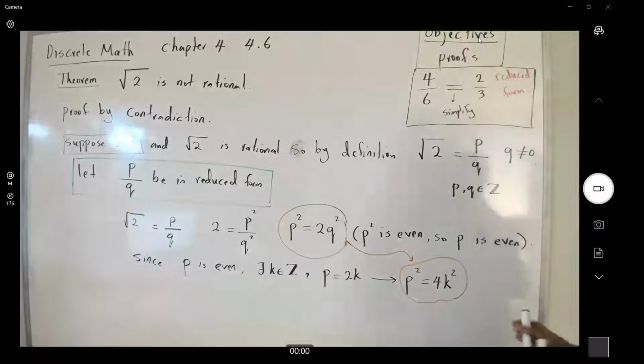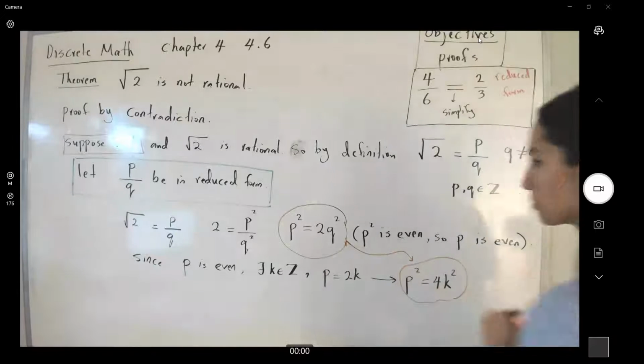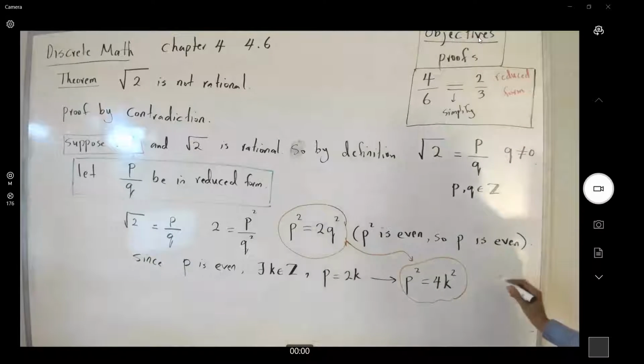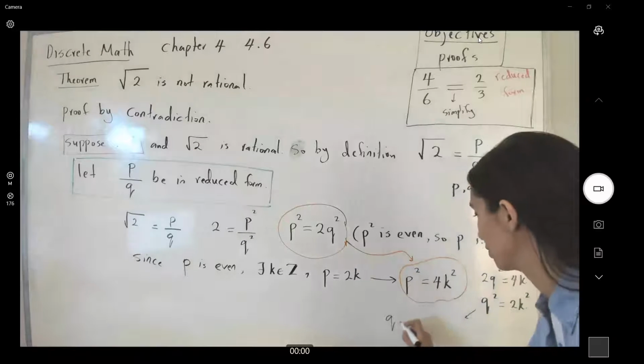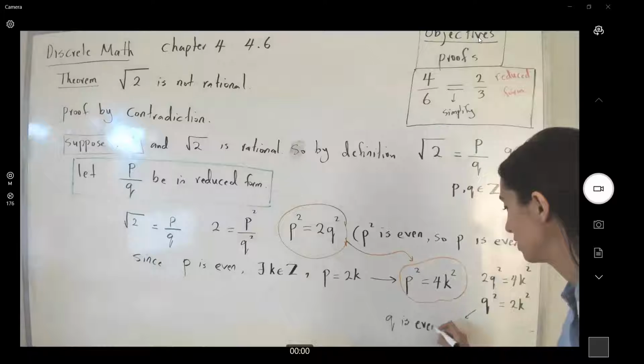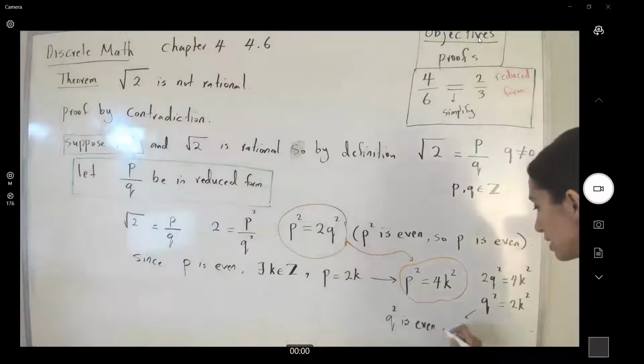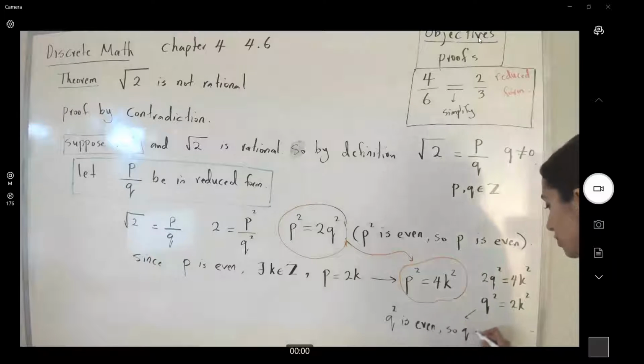What's the meaning of that? It means that 2q squared is equal to 4k squared, so q squared is 2k squared. It means that q squared is even, so q is also even.